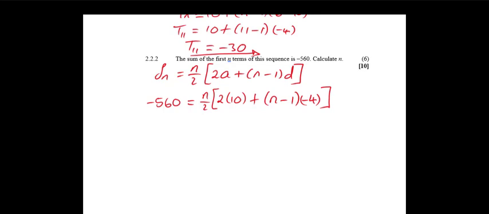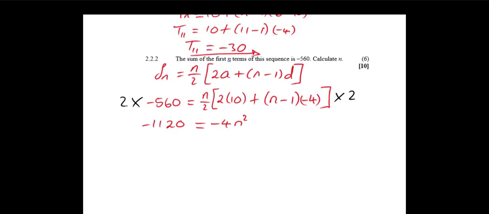Let me multiply everything by 2 on both sides. 2 times negative 560 gives negative 1120, equals 2 times 10 which gives 20, and then I remove my bracket: negative 4 times n is negative 4n, negative 4n times n gives negative 4n squared, and negative 4 times negative 1 gives positive 4.